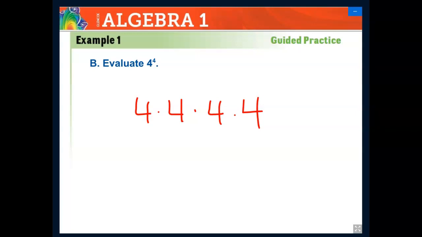What do we get? It's 4 times 4 times 4 times 4, 16. No. That would be 4 plus 4 plus 4 plus 4, right? So again, make sure you're doing the right operation.